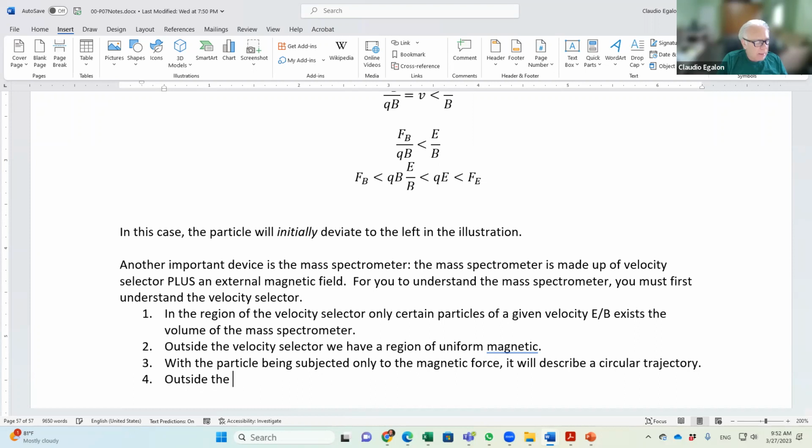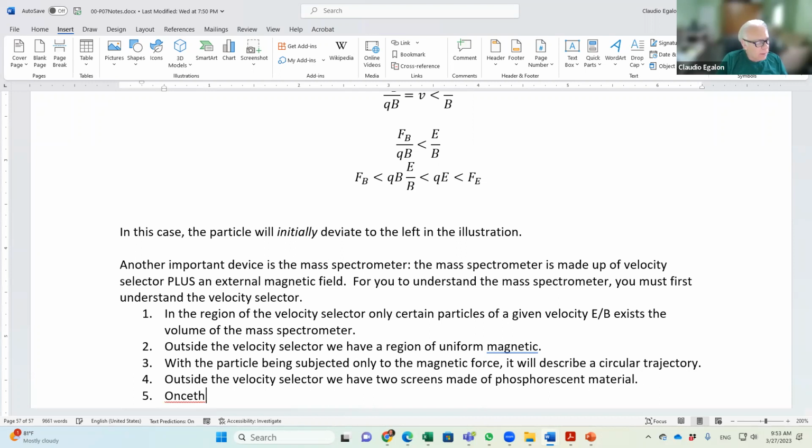Outside the velocity selector, we have two screens made of phosphorescent material.